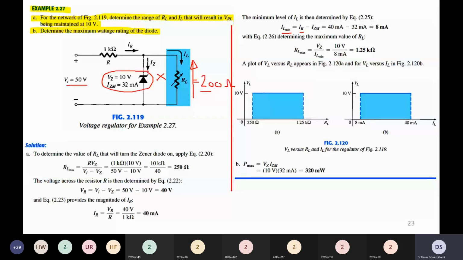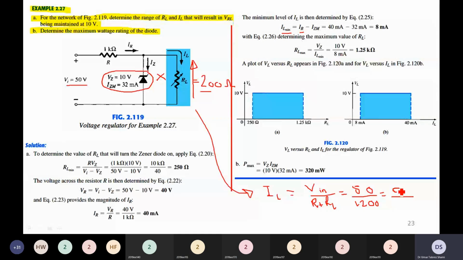The current under such circumstances is the load current, which is the input voltage Vi divided by R plus RL. It is equal to 50 volts divided by 1200 ohms. So IL is equal to 50 volt divided by 1200 ohms.